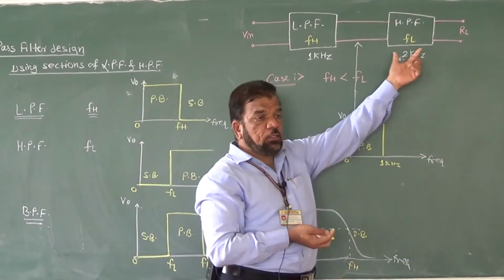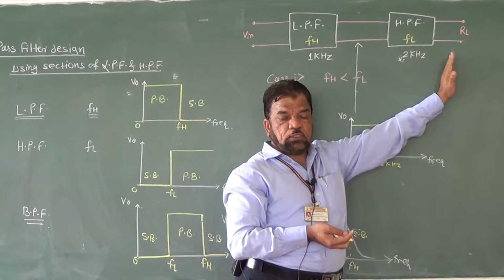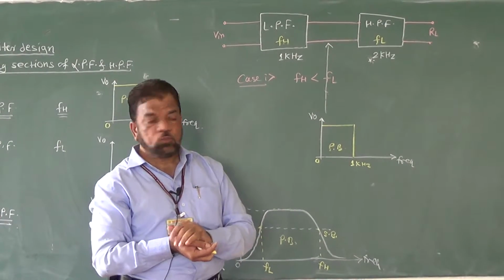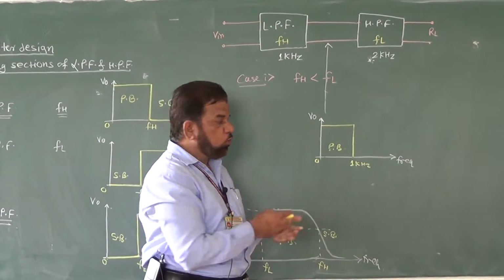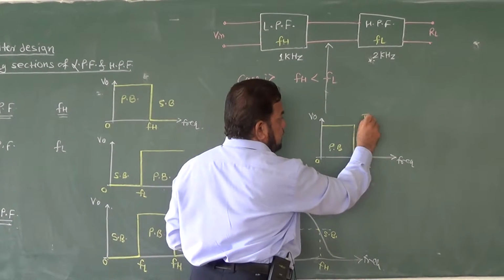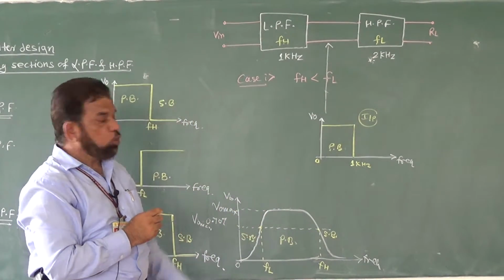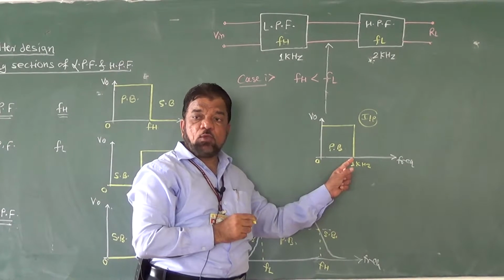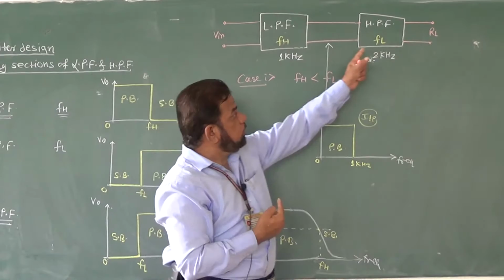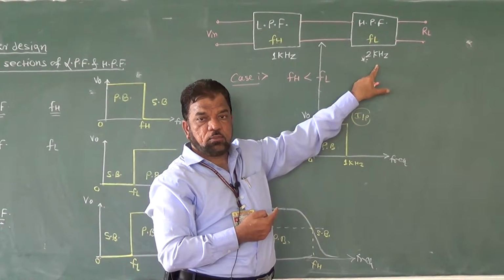Now what is the high pass filter? It will transmit the frequencies above 2 kilohertz, so between 0 to 2 kilohertz there is rejection. The output waveform from the low pass filter is the input to the high pass filter, so the maximum frequency available is 1 kilohertz, whereas the frequency from which transmission starts is 2 kilohertz.